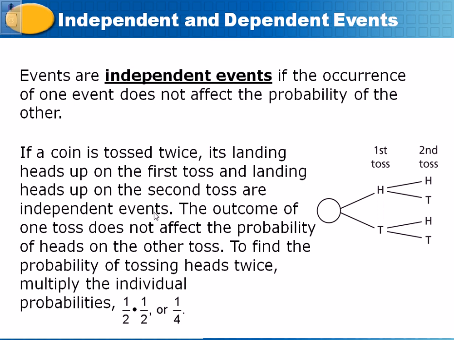These are independent events because tossing the coin the first time does not affect tossing the coin the second time. Does that make sense? The outcome of one toss does not affect the probability of heads on the second. So, to find the probability of tossing heads twice, we would just multiply those probabilities. And we did some of that on our homework, didn't we?